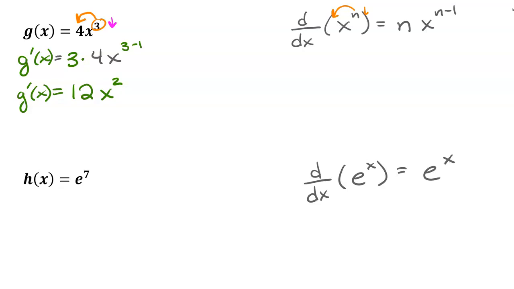So the derivative, h prime of x, would be e to the 7. No weird stuff, no changes. Because of what e is, it's a number. So as long as you're talking about the domain, and you're staying in the domain, and the domain is all real numbers, then there's no problems. The derivative works just fine.